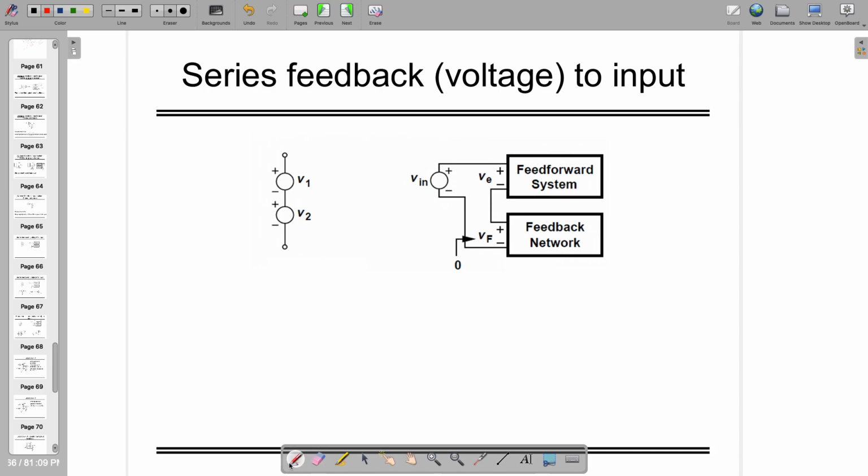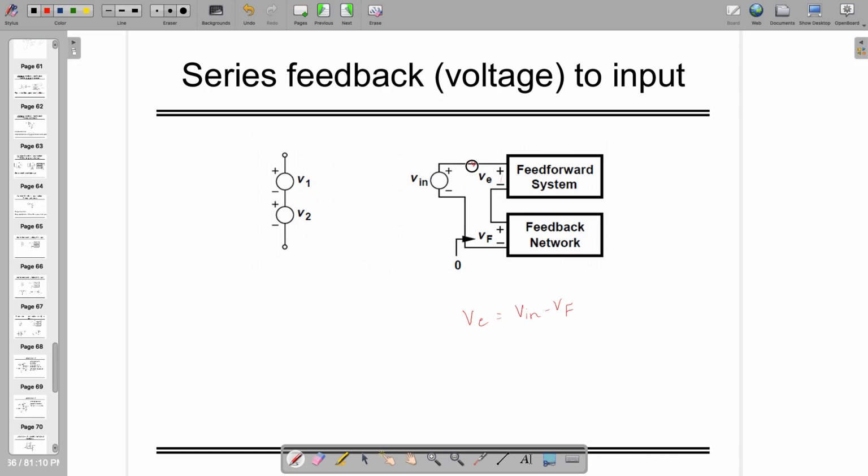So here you can see that V error is nothing but V in minus Vf, and that is possible by looking at the fact that these are in a separate polarity.